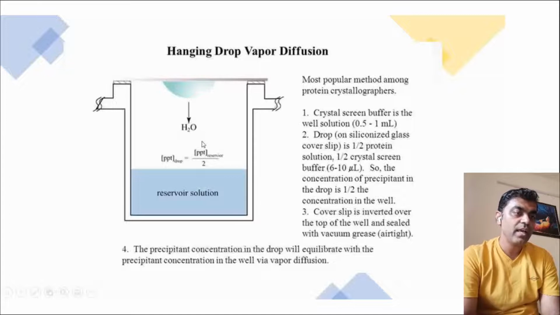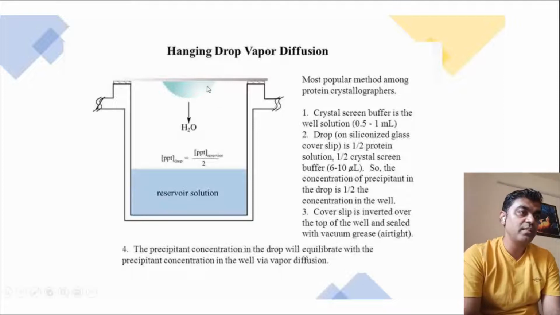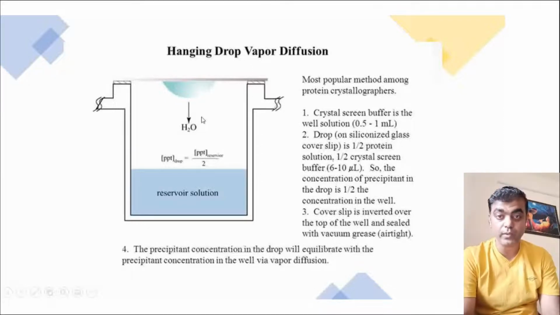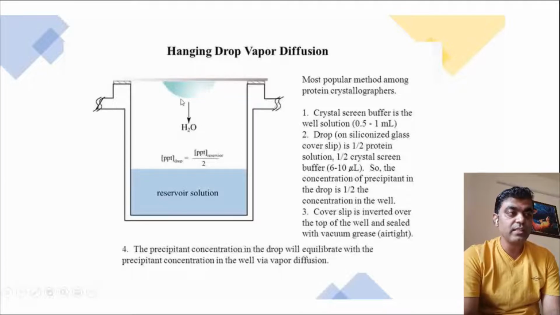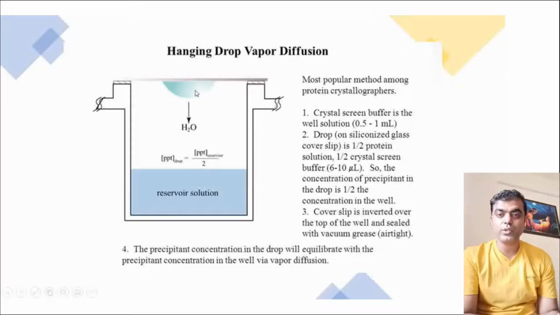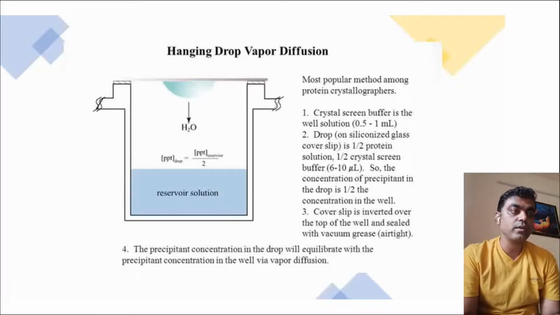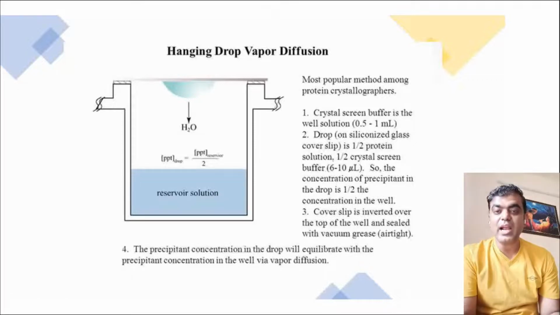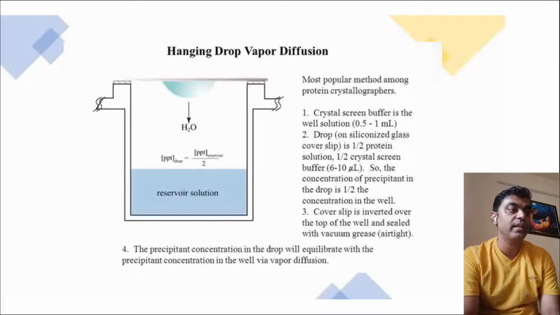Then you place it over this chamber upside down. The cover slip is inverted over the top of the well and sealed with vacuum grease. So you see here, this is basically the grease. This is now a closed environment, and slowly the solvent from the drop will start evaporating, and it will reach from a solution to a supersaturation stage. At the supersaturation stage the crystallization process will start, and gradually you will get the crystal.